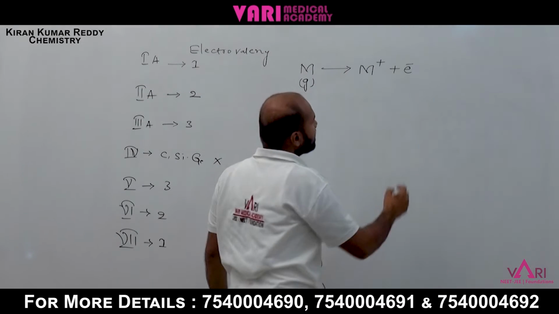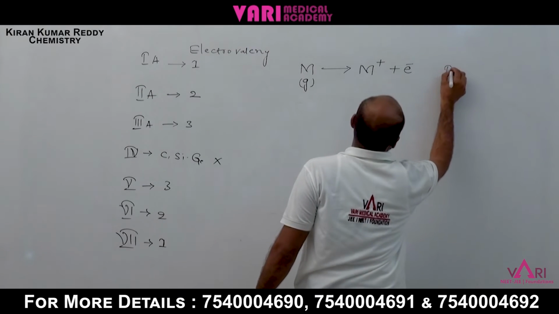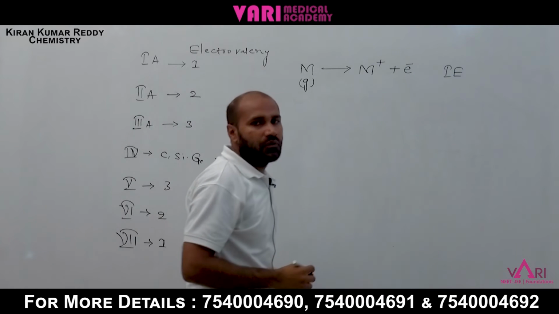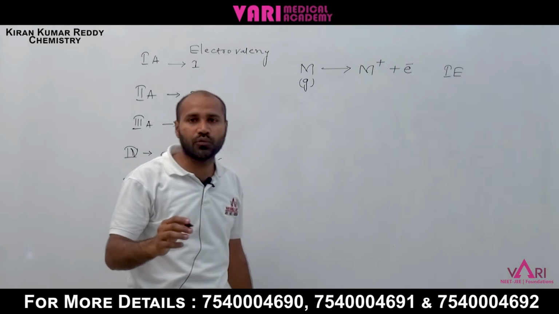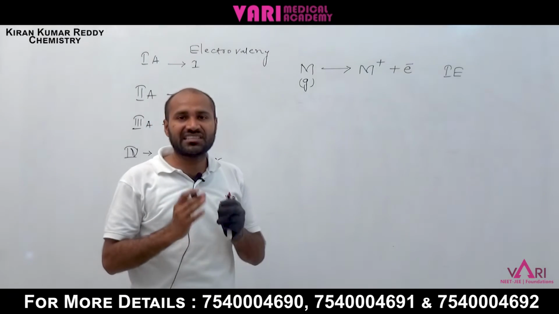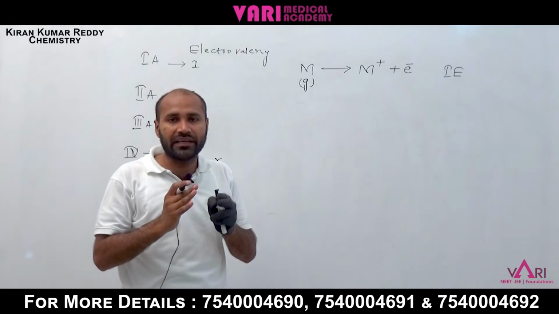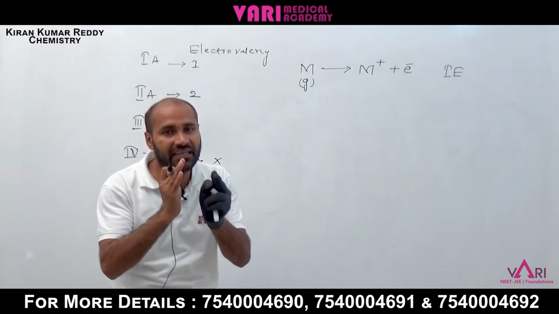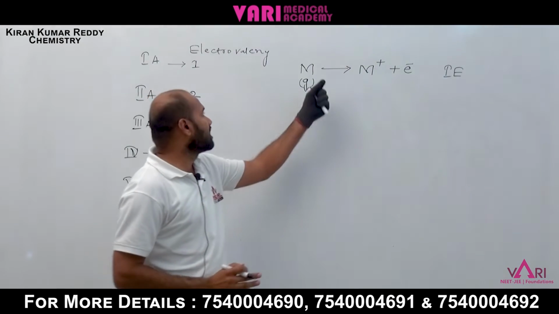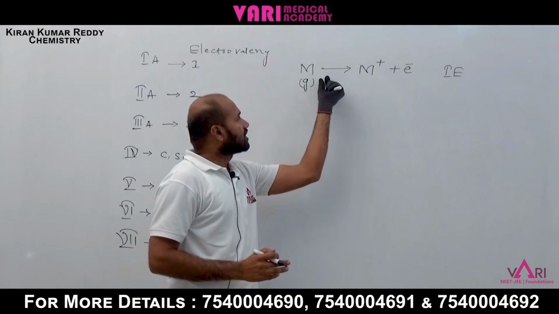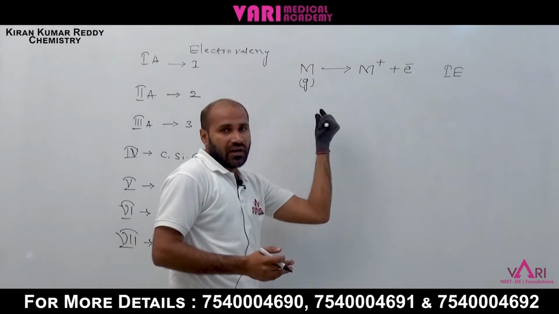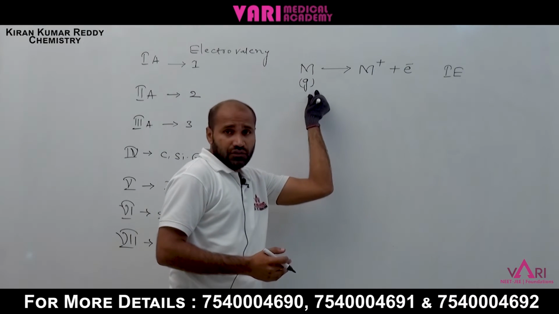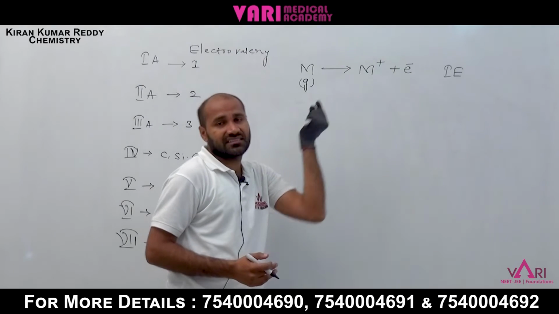What is the energy involved? Ionization energy. What is ionization energy? The amount of energy required to remove the valency electron of an isolated neutral gaseous atom is called ionization energy.